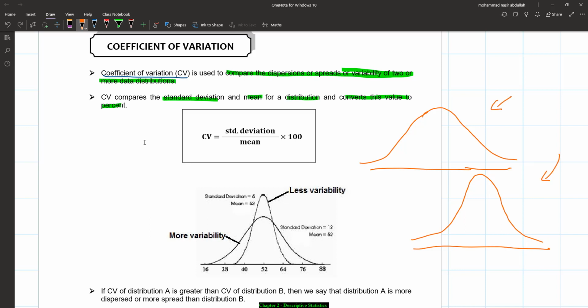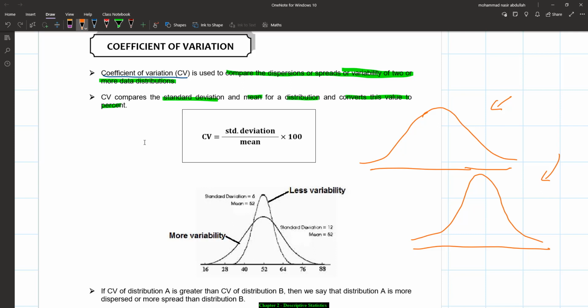So let's say we have a lot of data, right? We want to know which one is more spread and which one is more consistent. So we need not draw a graph to identify. To draw a graph for one or two variables is okay.